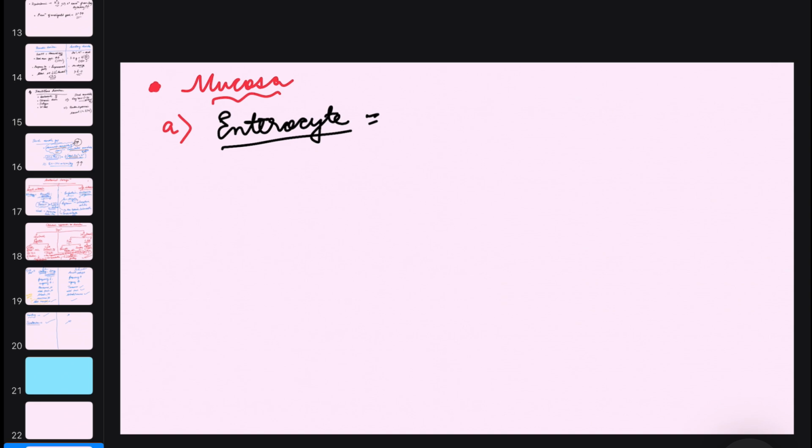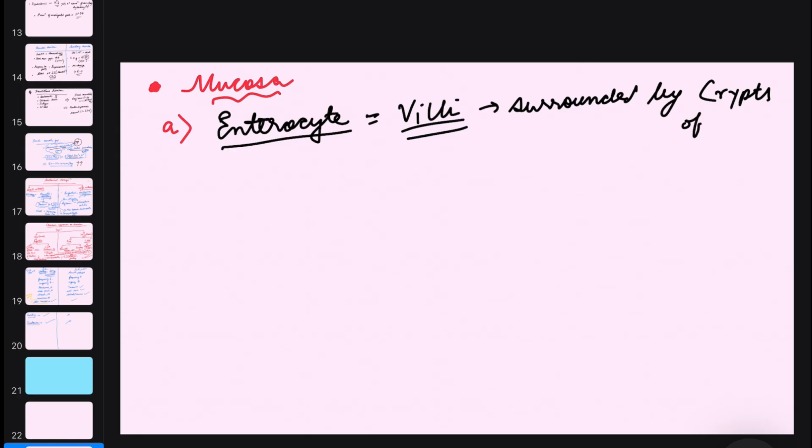Enterocytes, very interestingly, these special cells, they have something called villi. Villi is a very specific feature of the enterocytes, and these villi are surrounded by crypts of Lieberkühn.